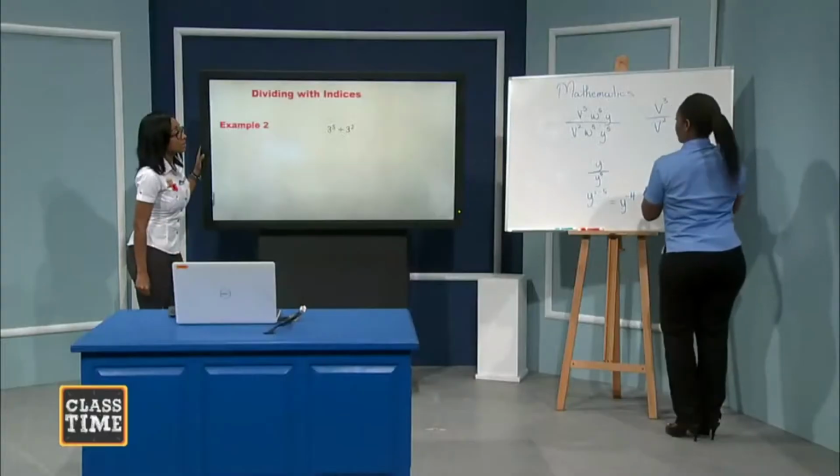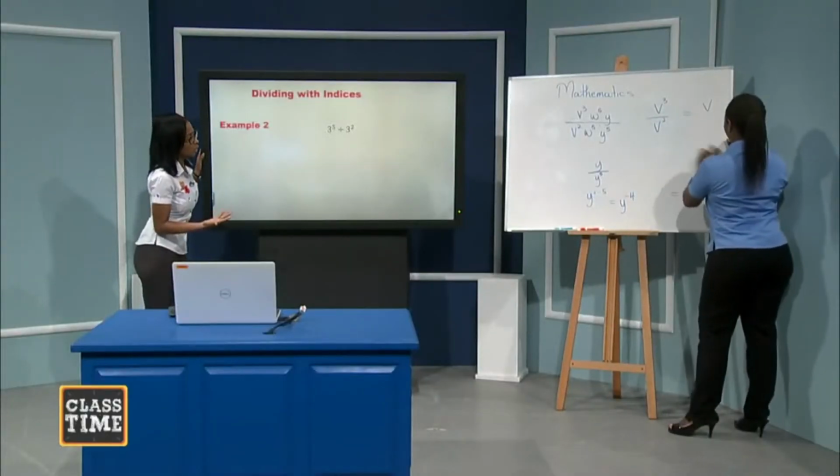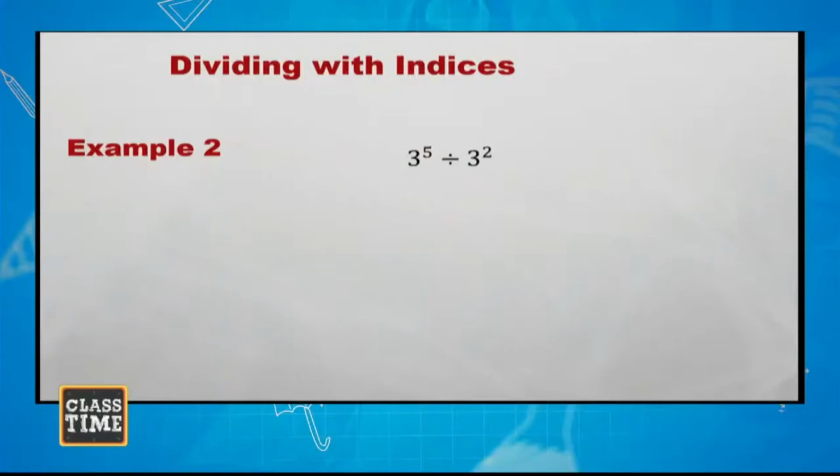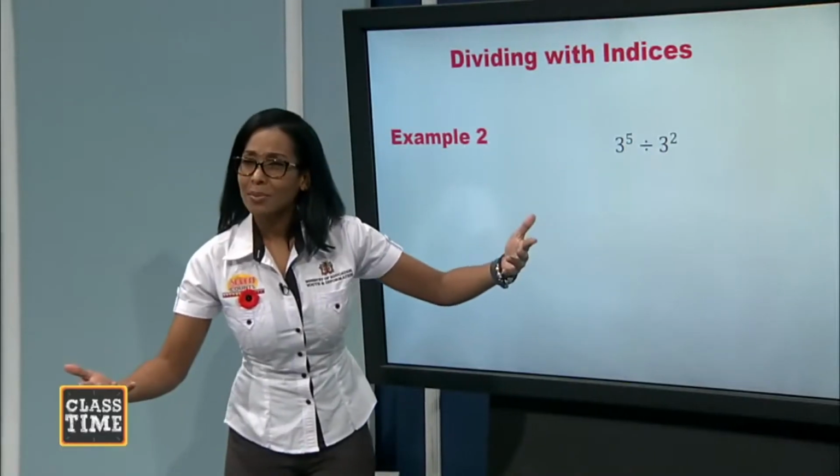So we're looking now at another example based on what we would have done earlier, where Tamika would have shared with us that she would have subtracted the powers, which is a short way to what I love to do. We have 3 raised to the 5th power divided by 3 raised to the 2nd power. Something very important to notice when we're doing indices is that both terms have the same base. Look at this: you have 3 here, and another 3 there. That's what I mean by same base.